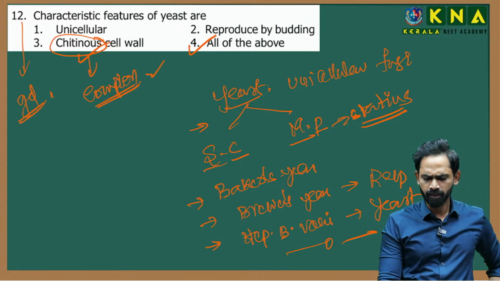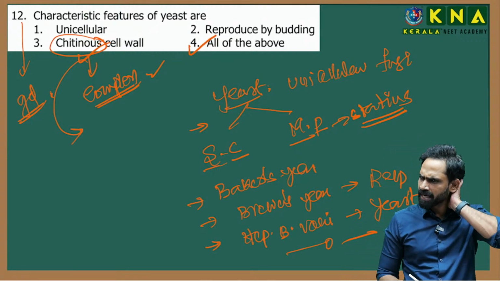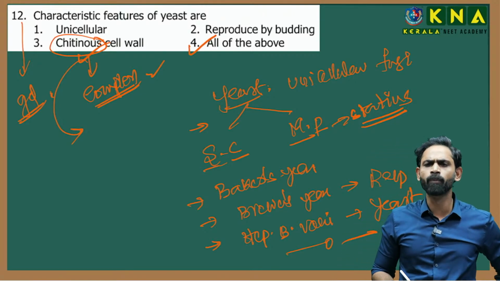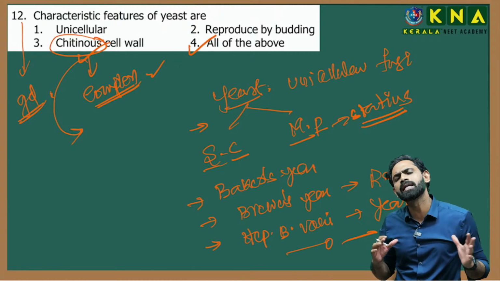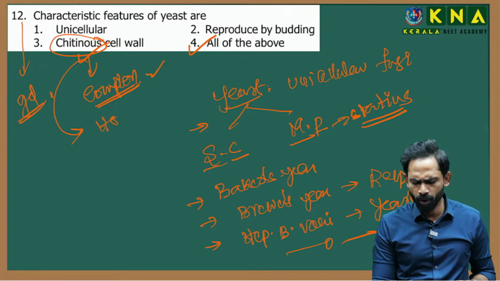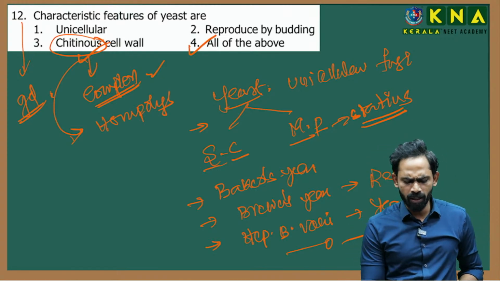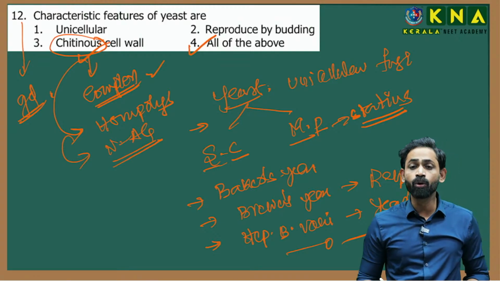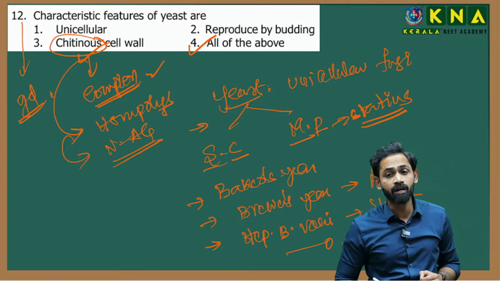One more point: is chitin a homopolysaccharide or a heteropolysaccharide? Homo or hetero? Maybe less than 10% have a small confusion. It belongs to homopolysaccharide. It is a polymer of NAG, N-acetyl glucosamine, not N-acetyl galactosamine.